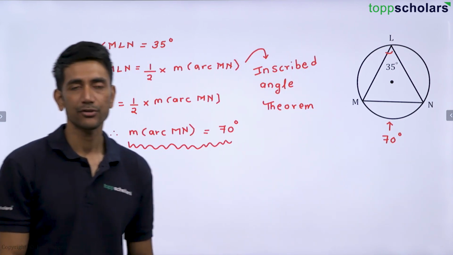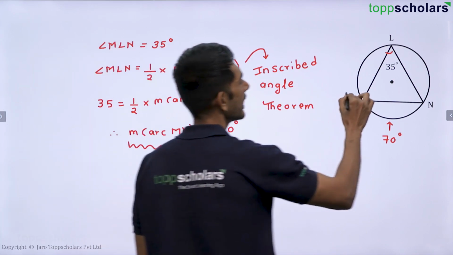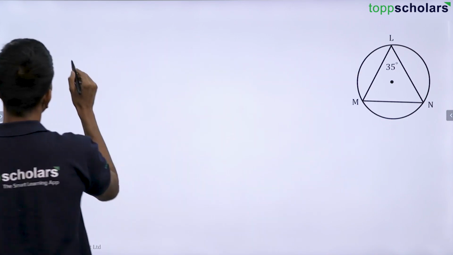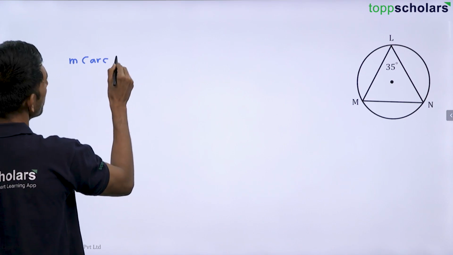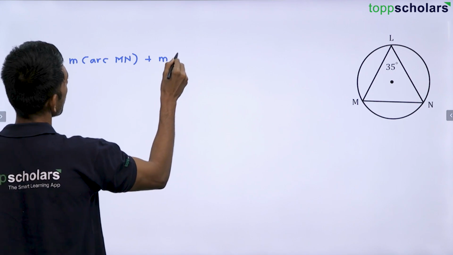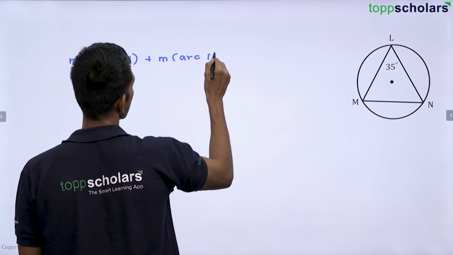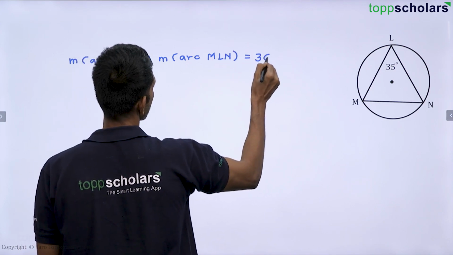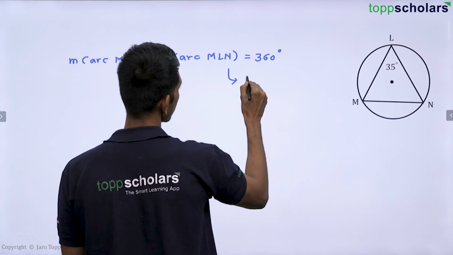And once I get the measure of this arc, now can I find out the measure of arc MLN? Now we know that the measure of arc MN plus the measure of arc MLN is 360 degrees, because this gives us the measure of a complete circle.